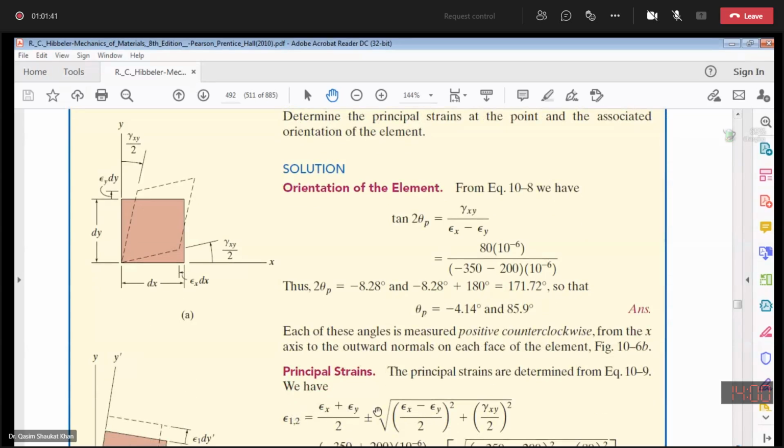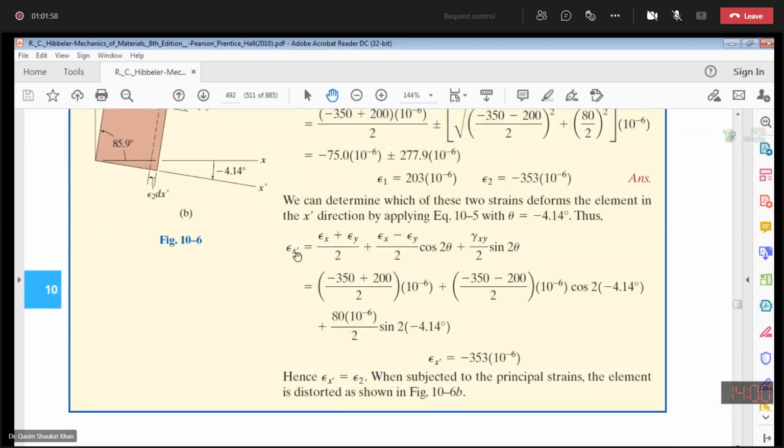One way is you can calculate the principal strains directly using this equation. The other way is you have the values of theta p. You put the value of theta p in equation 10(8) and you calculate the principal strains. I would suggest you put the value of theta p first, minus 4.1 and then 85.9, in this equation and calculate the transformed normal strain.